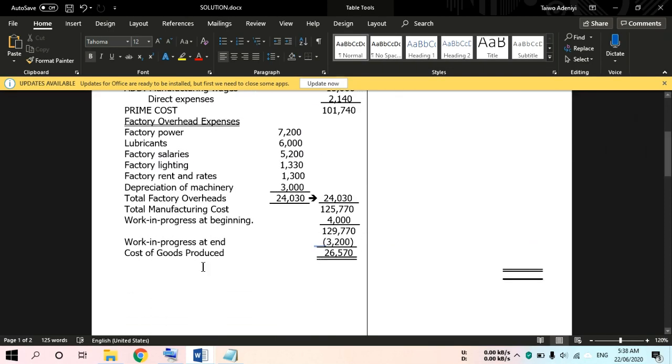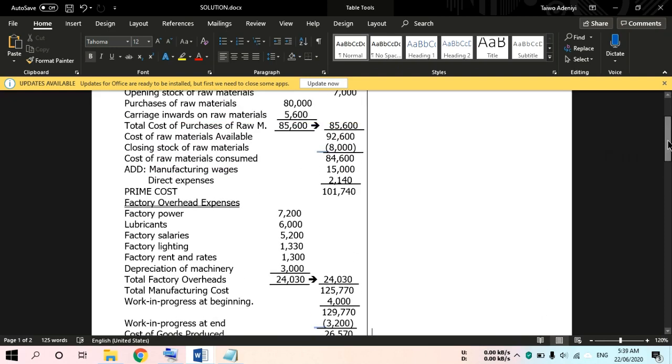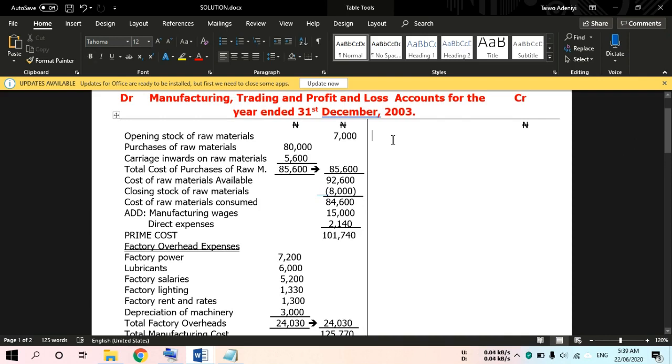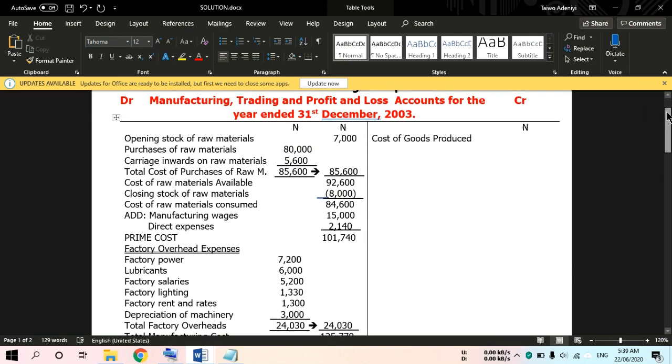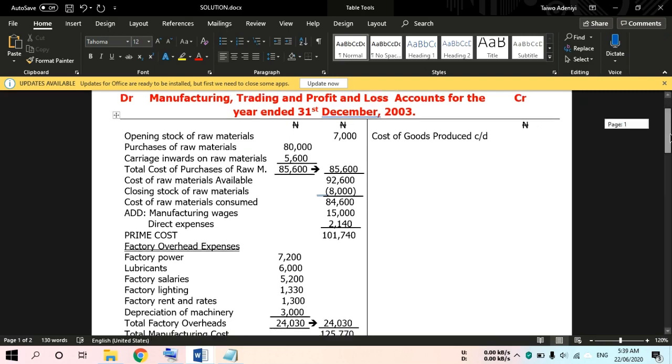So since we have gotten our cost of goods produced, you write the same cost of goods produced here.